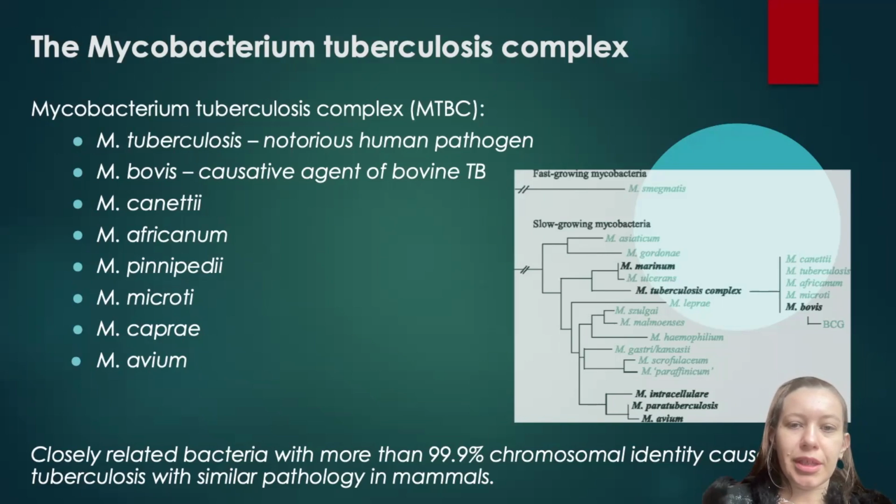Also, it includes several other species, and they are phylogenetically very closely related to each other and share more than 99% chromosomal identity. Actually, they all cause tuberculosis with similar pathology in various mammalian hosts.